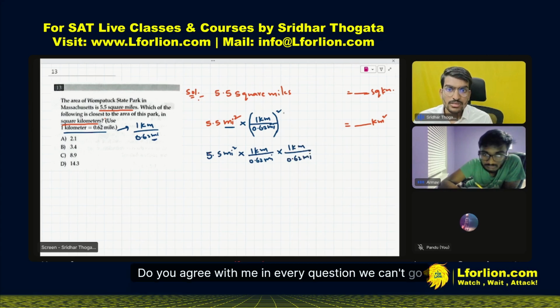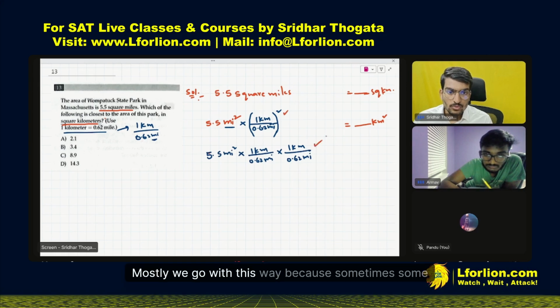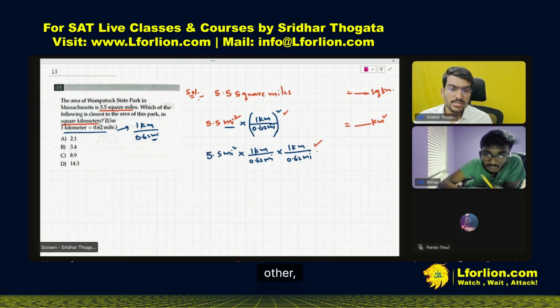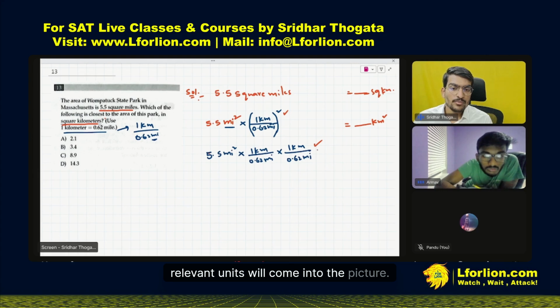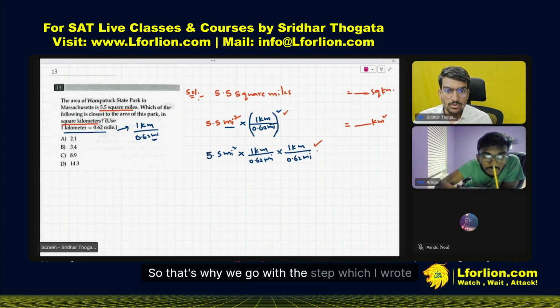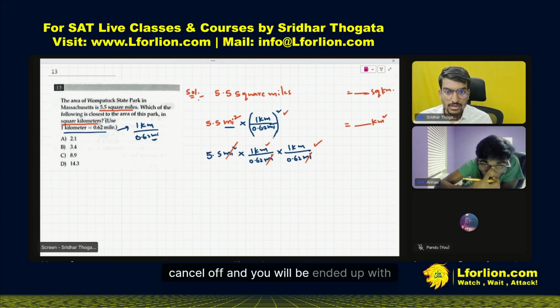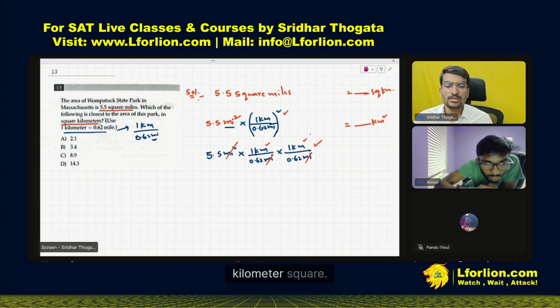In every question we can't go like this. Mostly we go with this way because sometimes other relevant units will come into the picture. So that's why we go with the step I wrote here: mile square, mile cancel off, and you will end up with kilometer square.